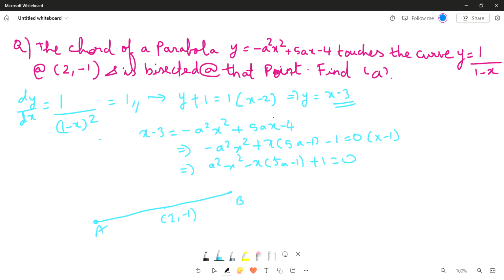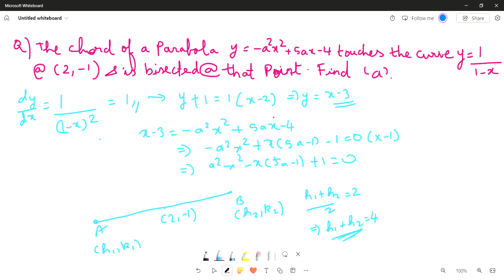A and B are on the ends of the chord. Let us say this to be (h1, k1) and this to be (h2, k2). So we know that (h1 plus h2) by 2 is equal to 2 by the midpoint formula, right? Which implies h1 plus h2 is equal to 4.